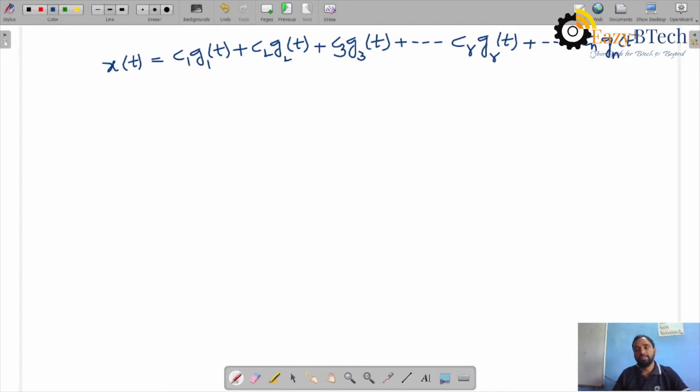So all the mutually orthogonal functions we have taken because we want to write x of t using all orthogonal functions.